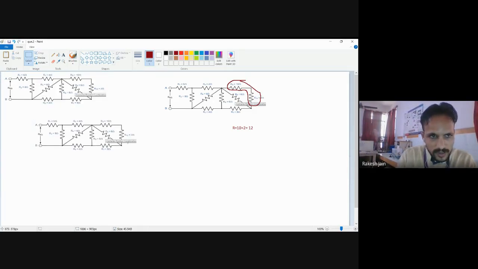First of all, I just remove this line so you will not confuse. Wait for a while.